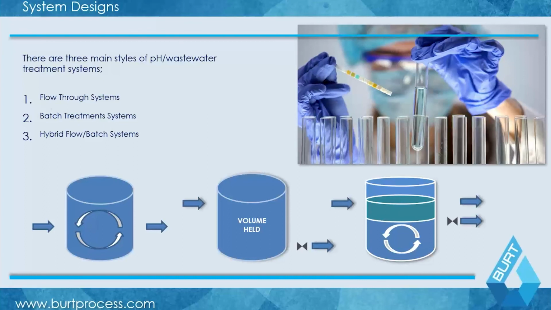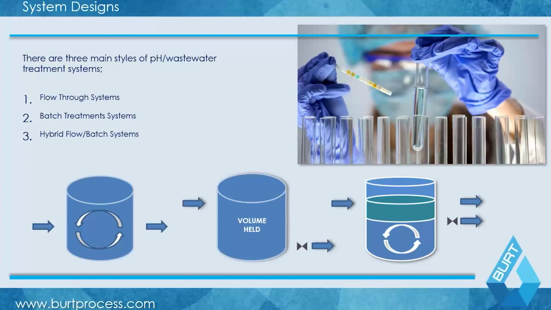And then once the waste is neutral, it's allowed to be discharged from the tank. The benefit of a batch system is you basically have no chance of being out of compliance, as you can hold the waste for as long as you like. This is also a good piece of technology to utilize when you have pHs in the more extreme range, say down around 1 or up above say 13 to 13 and a half.